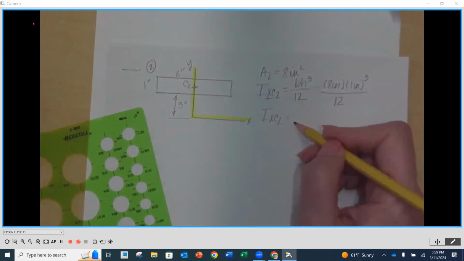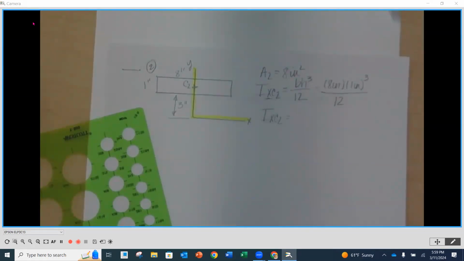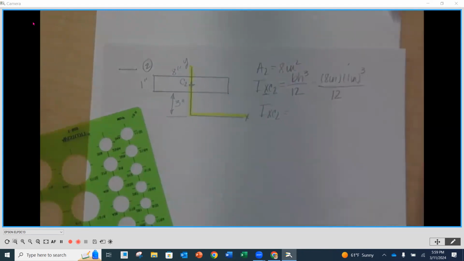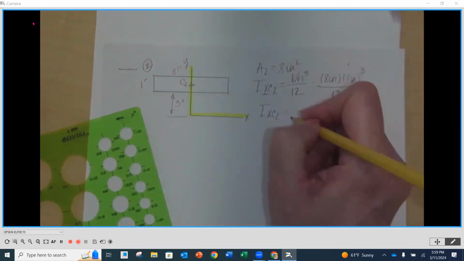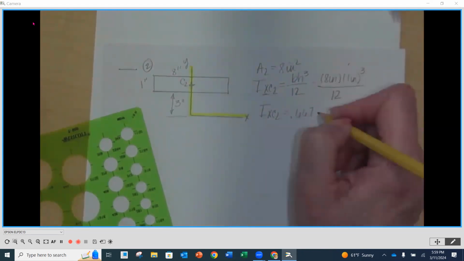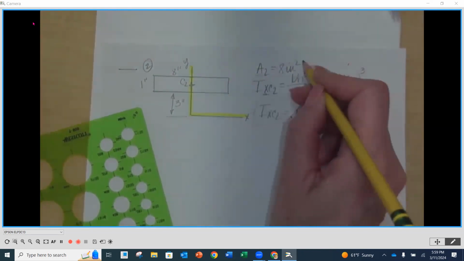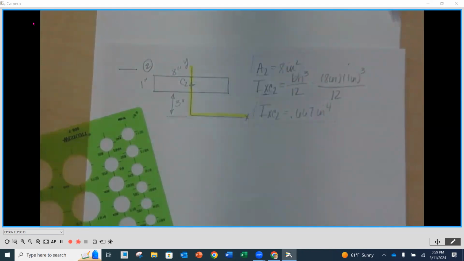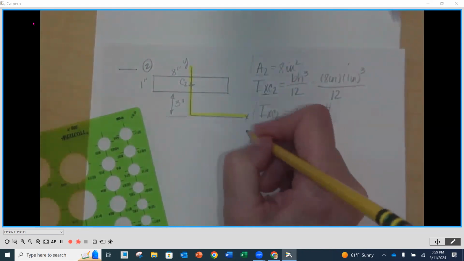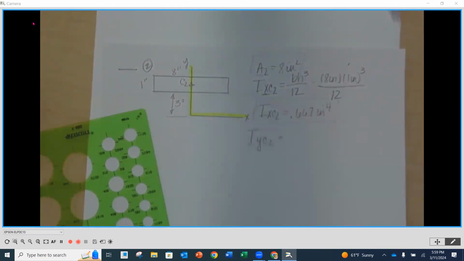So here, what do you get for your moment of inertia about the x-centroidal axis? What was it? Yep. Inches to the 4th. Okay. Then our IYC2.